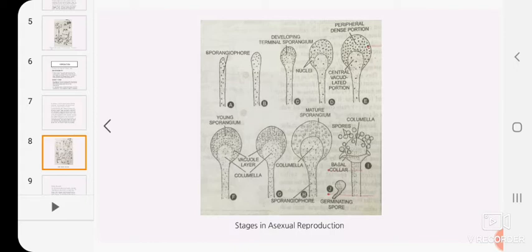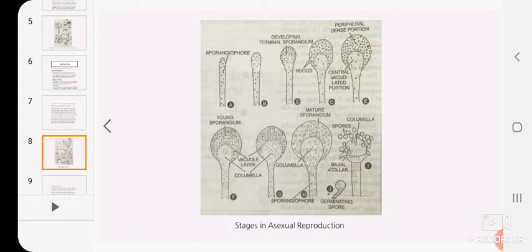First of all, the protoplasmic contents flow to the terminal portion of the sporangiophore, and the terminal portion becomes club shaped, and this developing sporangium shows two regions or zones. The outer zone is granular, contains more nuclei and dense cytoplasm, and food reserve is also present. Whereas the inner portion has vacuolated cytoplasm, and in this way two zones are developed.